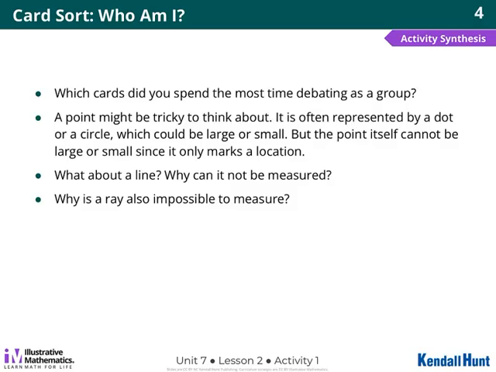Why is a ray also impossible to measure? Aaron. Because it has a start point, but it doesn't have an end point because the arrow is at the other side, so you cannot measure it, even though somebody could say you can measure this because it doesn't have 2 arrows. Charlie, sit down. But you actually can't because it's got 1 arrow in the direction. It's impossible. Yep, you got it.